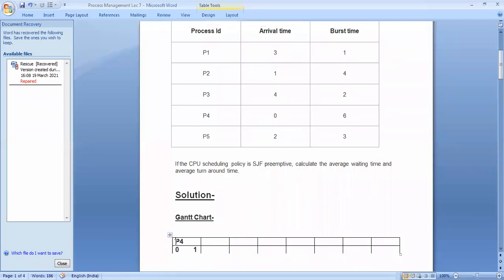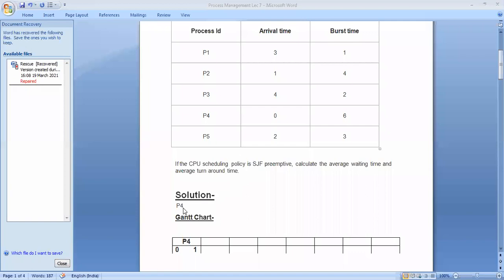When time is 0, then in the ready queue, which process is ready? You check, only process P4 is there. Now when arrival time is 0, only one process is there in the ready queue, so that is P4.